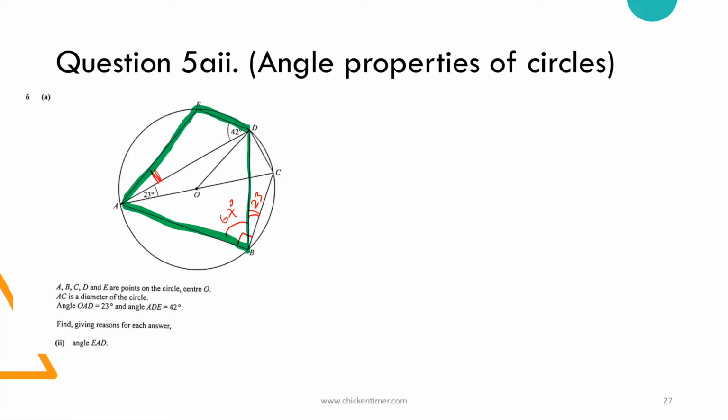So then we will know that you have this angle here and this angle here. So AED will be 180 minus 67. So it will be 113, angles in opposite segment. So this is 113.